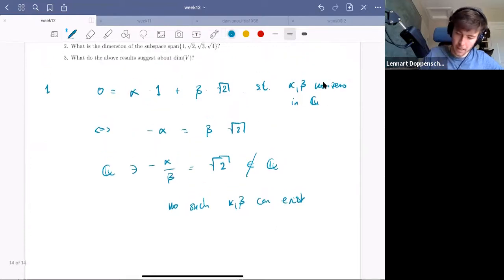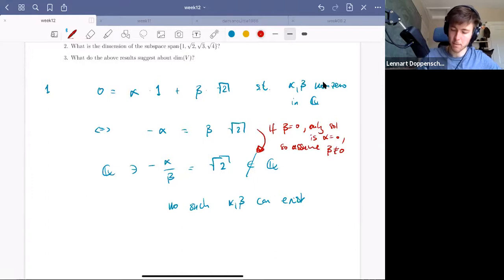And here I did a step that I actually have to justify. Why can I divide by beta? So I have to assume that, if beta is 0, the only solution is alpha equals 0. So assume beta is non-zero, and then I am allowed to do this step of dividing by beta.